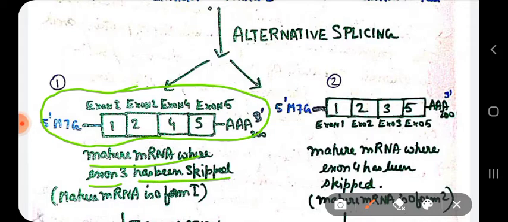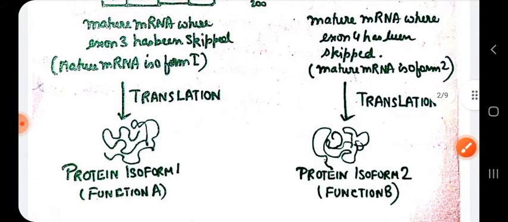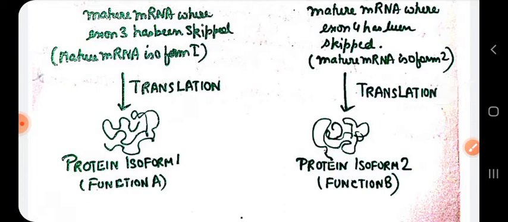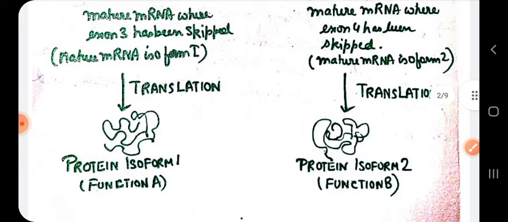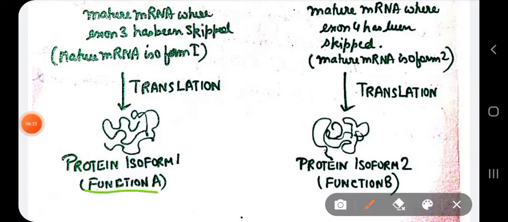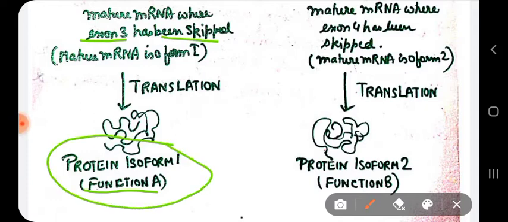It is an isoform of this particular mRNA, to make a protein isoform, which is a functional mRNA. Function A refers to, suppose, this protein where exon 3 has been skipped will have a unique function in specific tissues or specific cells, or a different function in the cell.